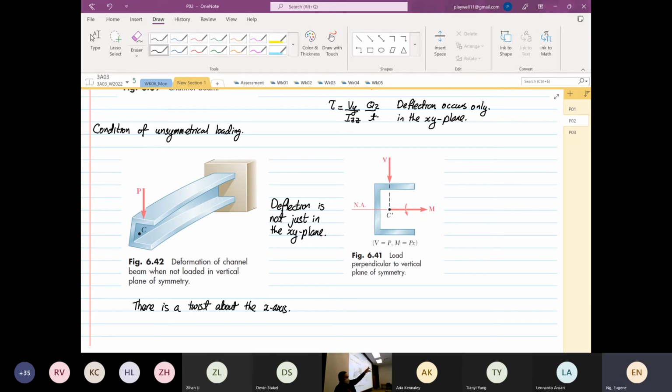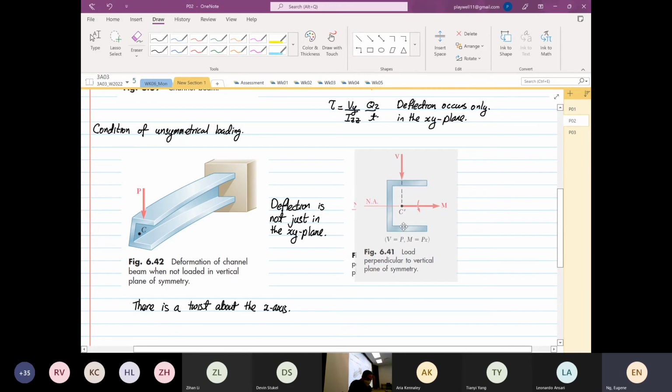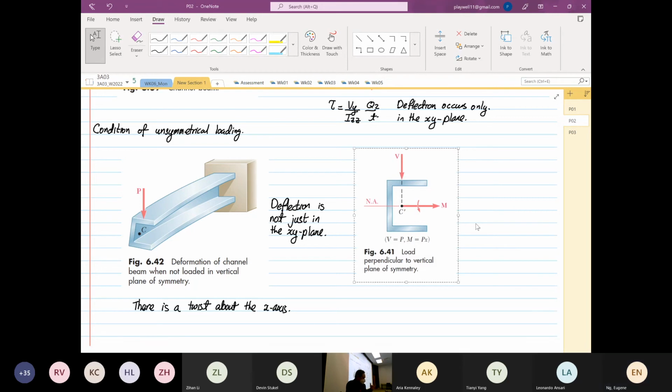There's also a what? A twist. Okay, you can see a twist. So why is there a twist in this case? Okay, so again, before I teach anything in detail, I like to explain to you why there's a twist.